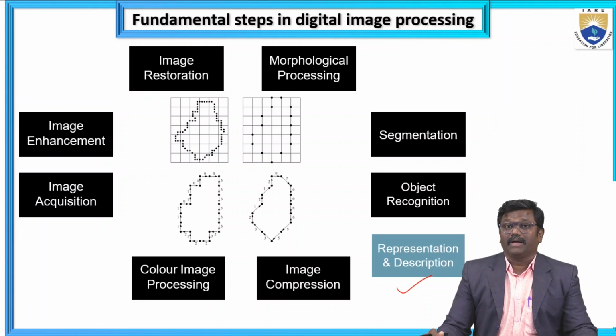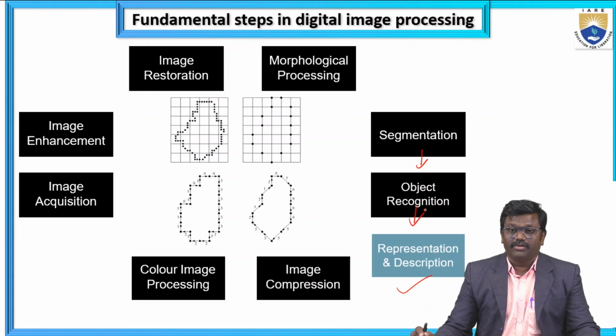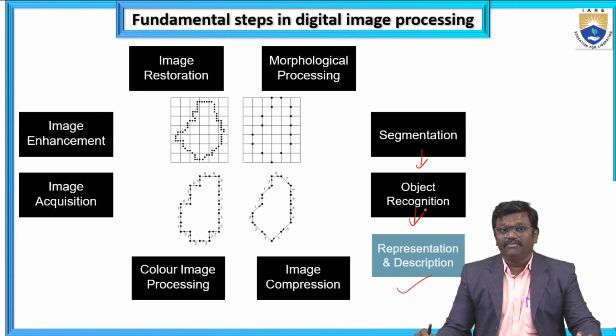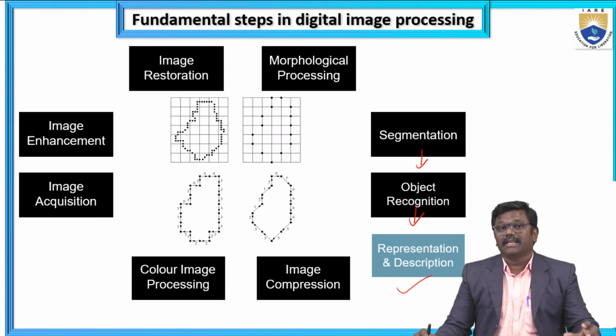We have knowledge about segmentation and about object recognition, and then we represent it: what are your groups, what are your subgroups of the content of an image, which we recognize in terms of object recognition.